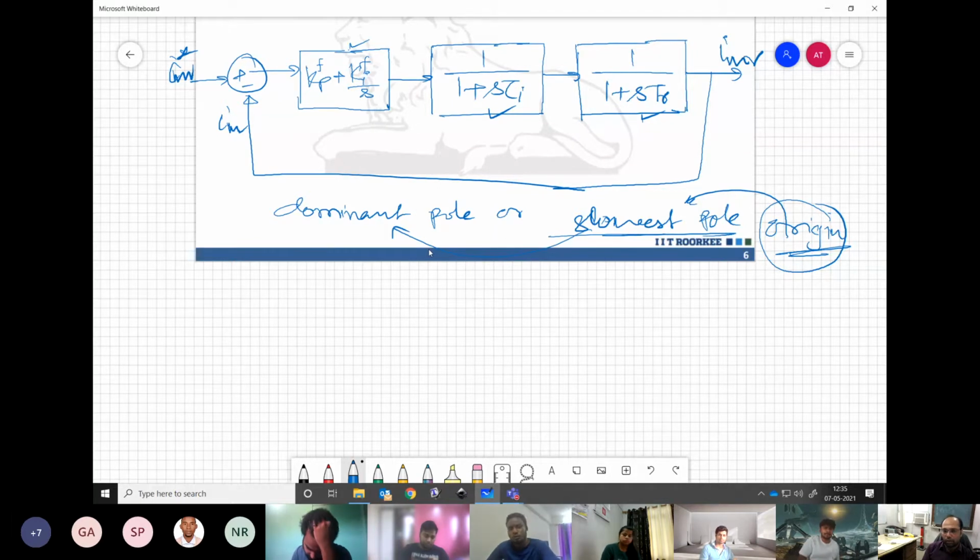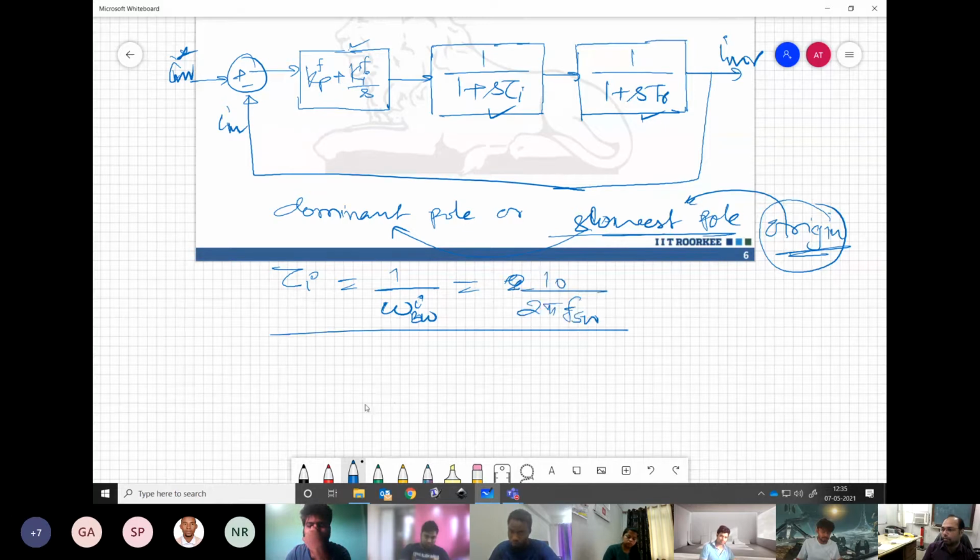Now one thing you will notice over here is that your tau I is the inverse of your current control bandwidth, which is nothing but this, isn't it? And your TR is basically LR by RR.